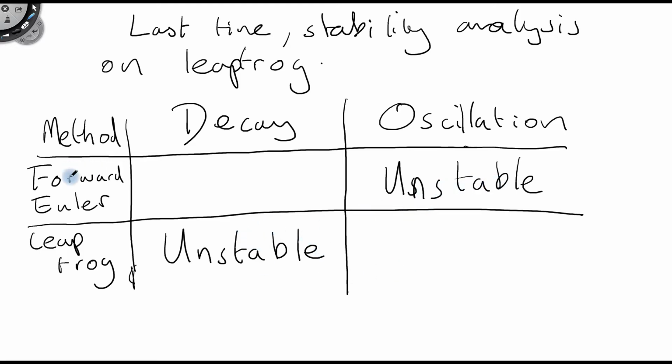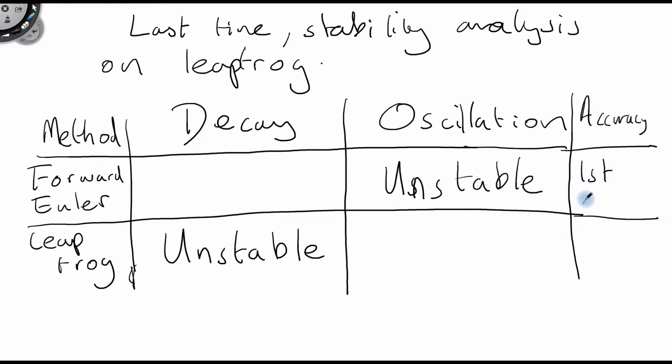It's not just a case of Forward Euler always being bad because it's first order accurate. We're going to put another column here for accuracy, so it brings together all the ideas. Forward Euler is first order accurate, but Leapfrog is second order.